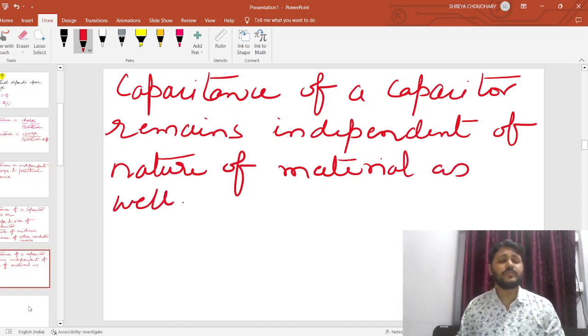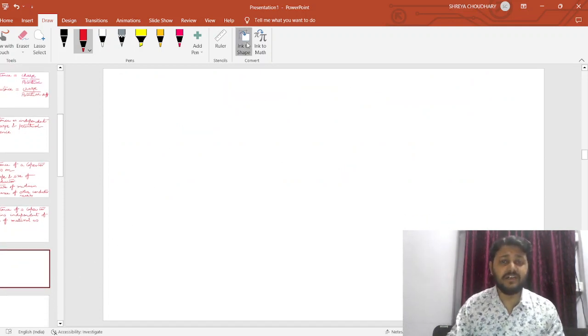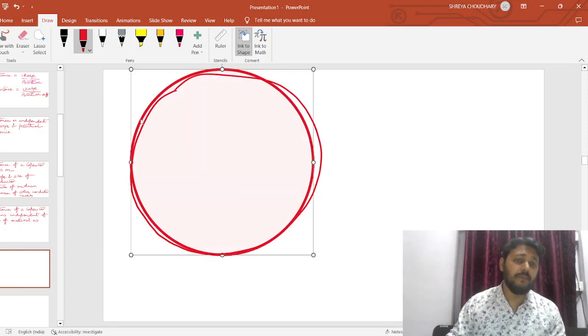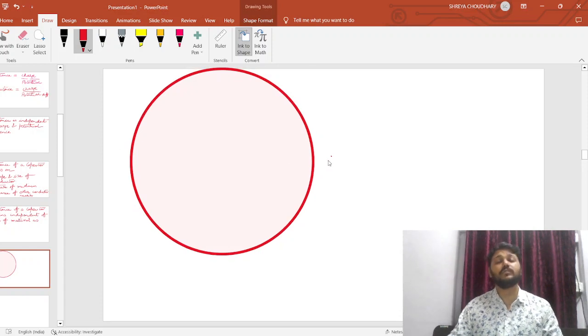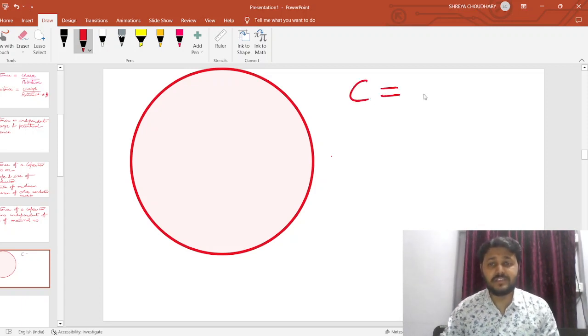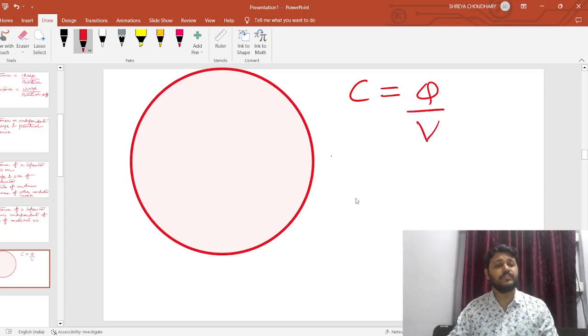Okay, so suppose we are having the earth. If someone asks you what is the capacitance of the earth, because earth used to store the charges, what is the formula? C equals Q upon V. What is the formula of V?